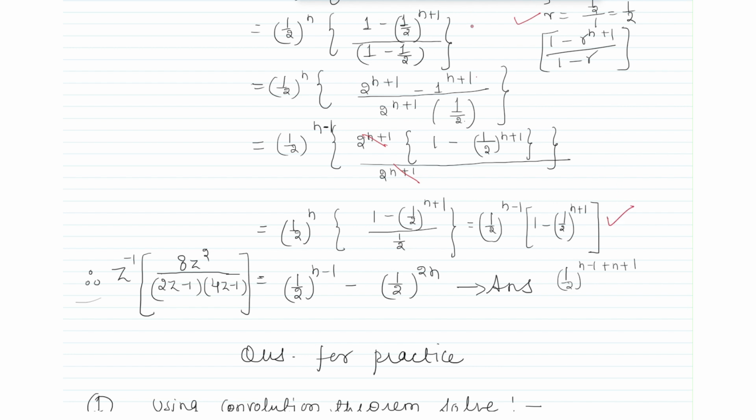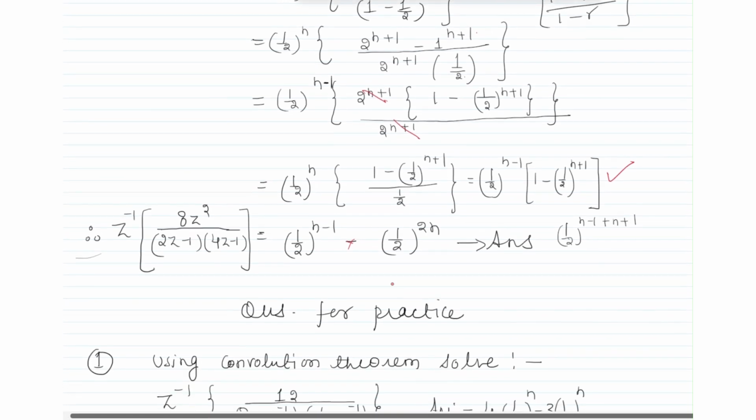These are general mathematics only, which we have used to get this small result: half to the power n minus 1 minus half to the power 2n. If we solve it, we'll get half to the power n minus 1, and this is your answer, half to the power n minus 1. After solving, you'll get this particular answer, right?